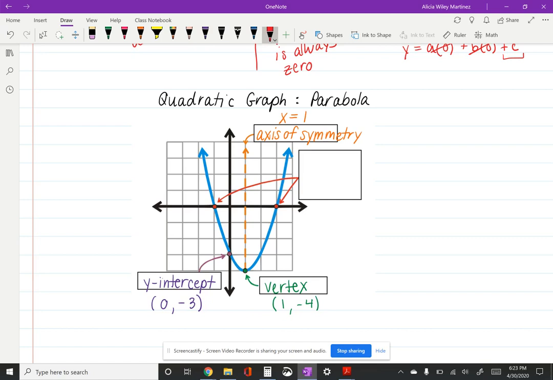These red points here are the key points that we call the X-intercepts. It is possible to have more than one X-intercept. In this picture, there are 2 of them. They are the points -1, 0, and 3, 0. Remember, with an X-intercept, the y value is always 0.